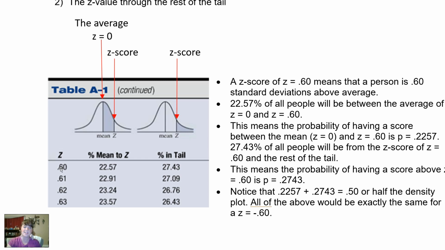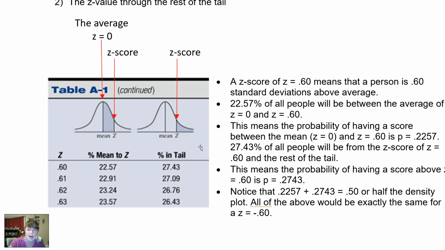So if it's a positive 0.6, 27.43% of the folks would be above 0.6. If this was a negative 0.6, because the normal distribution is symmetrical, negative 0.6 would be just as far away as positive 0.6. They would mirror image each other. Then I would know 27.43% would be below negative 0.6. That's how you interpret a z-table like this.